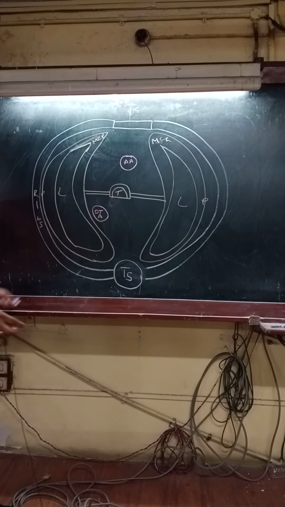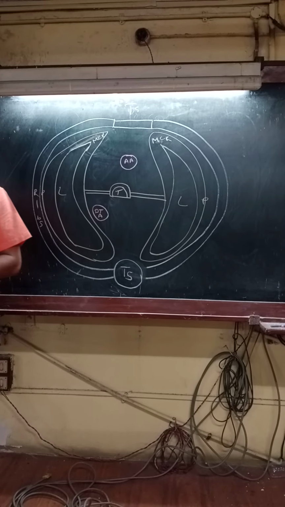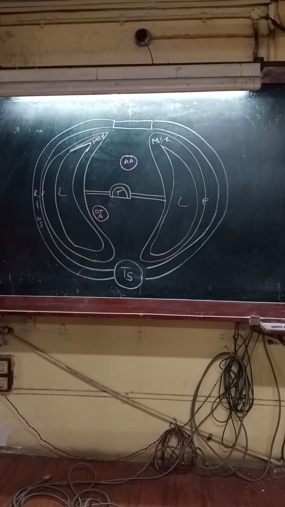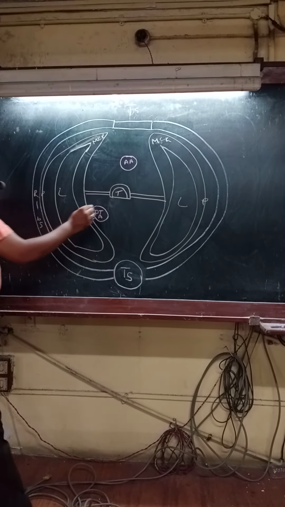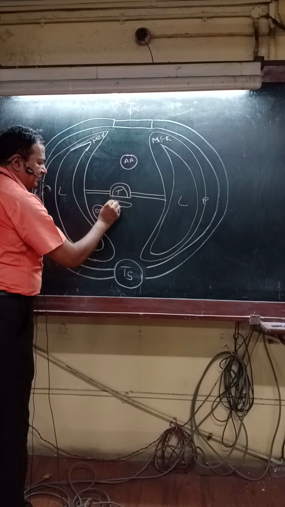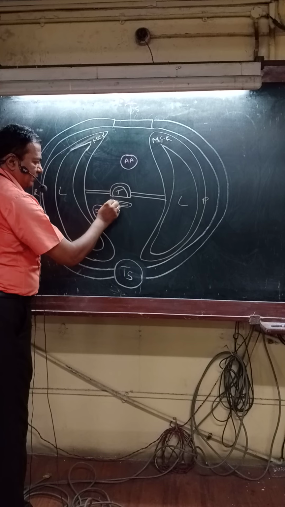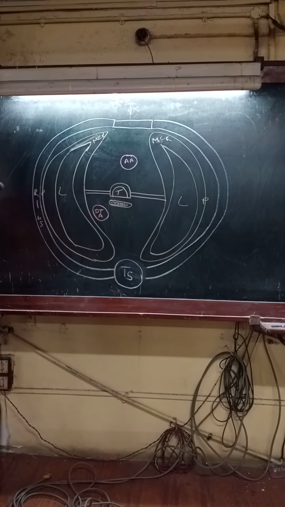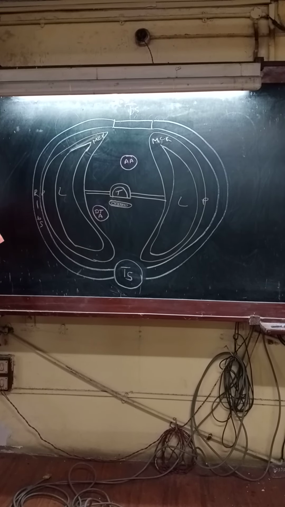This is descending thoracic aorta. Here behind the trachea, flat, is esophagus. Behind the trachea is esophagus.